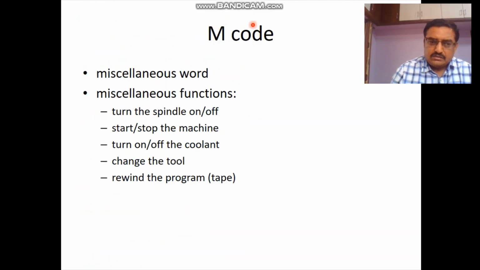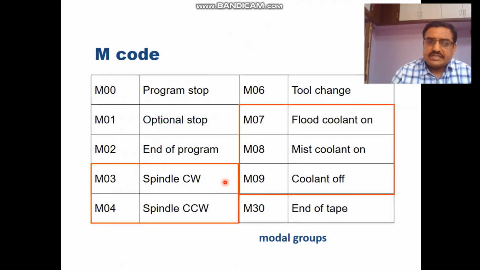After that, there are some M codes used in FANUC, which are called miscellaneous codes. These are used for functions other than tool action: spindle on/off, machine start/stop, coolant on/off, tool change, or rewinding the tape. The important M codes required in a program are these.